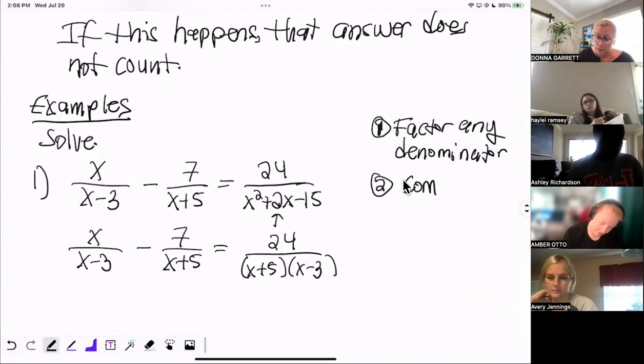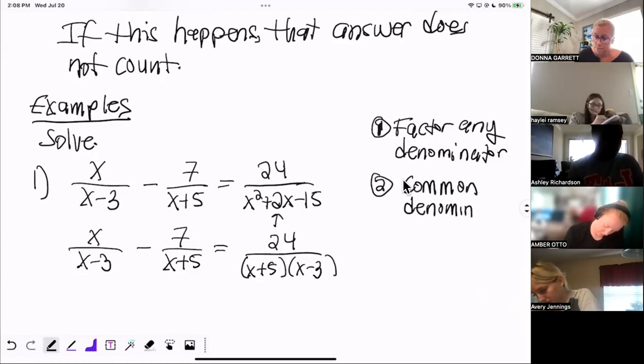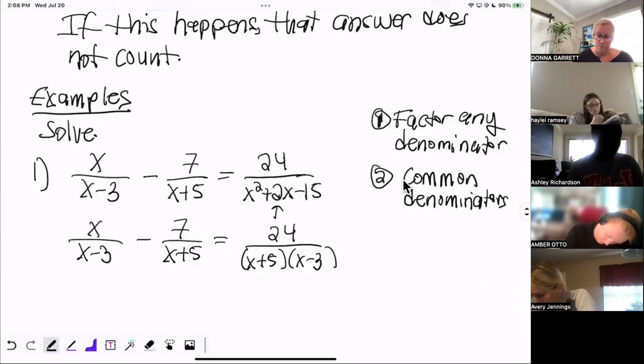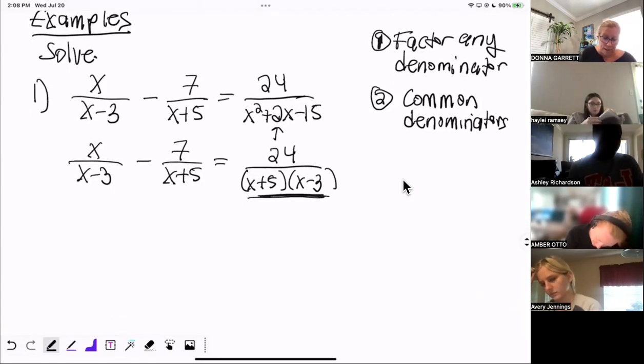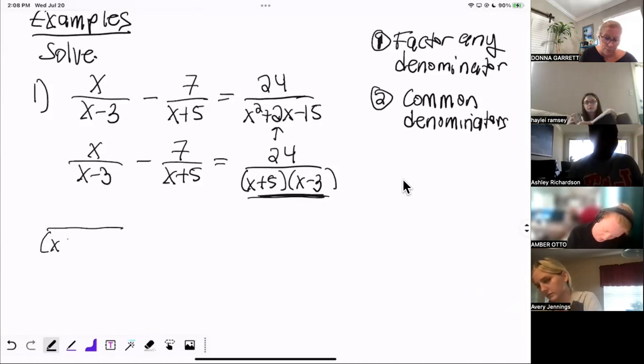Then we're going to get common denominators. Since this has both of them, that's my common denominator. So all of them have to be x plus 5, x minus 3.